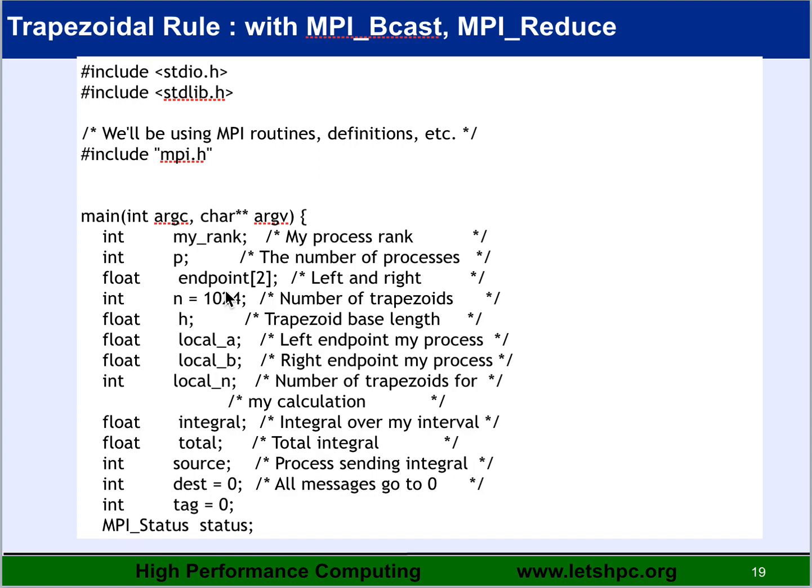So let's look into the trapezoidal rule example, integration using the trapezoidal rule, which we discussed in our previous lecture using point to point communication. In that particular algorithm we used only MPI send and receive.